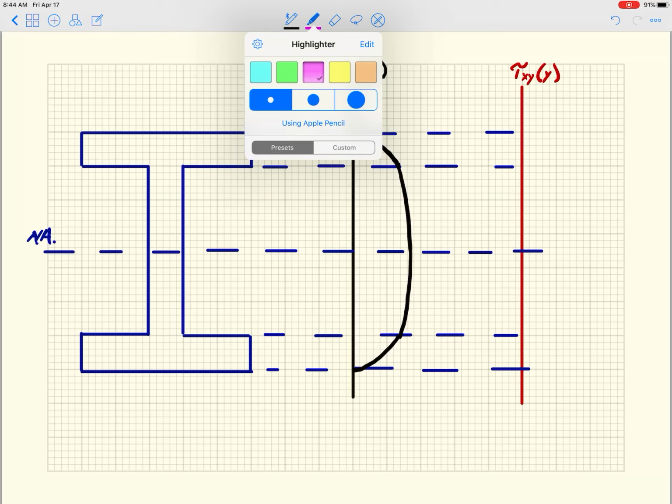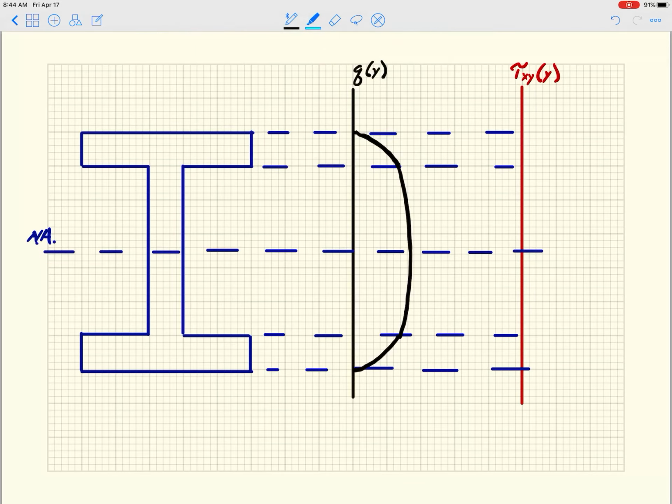So I am going to highlight this in blue, just so we can clearly see it. So that's my shear flow, okay? You can see it is continuous. There is no big jump anywhere, okay?